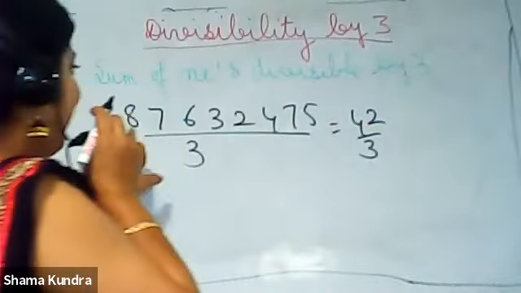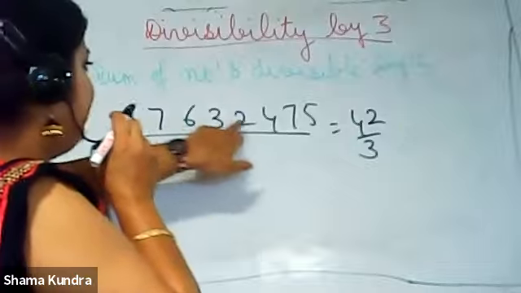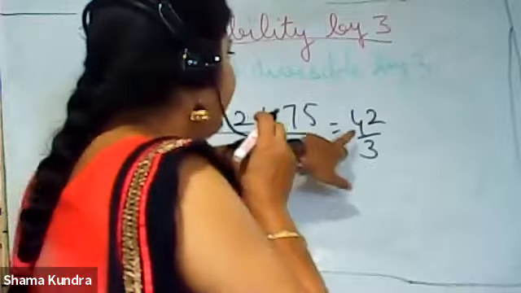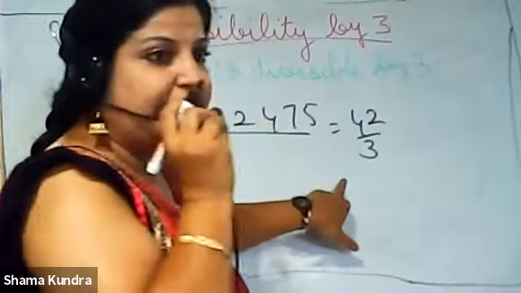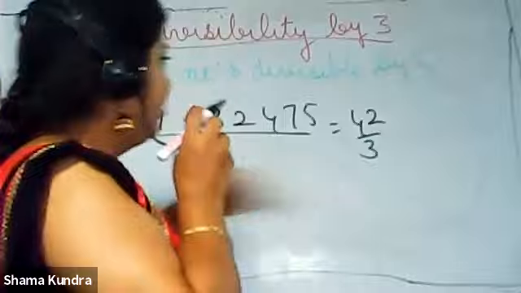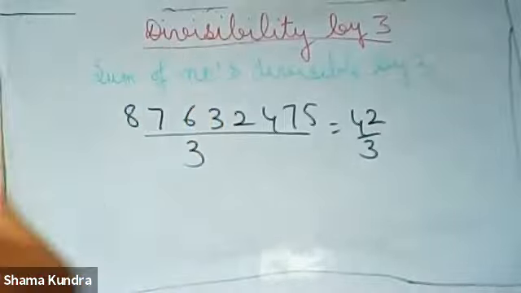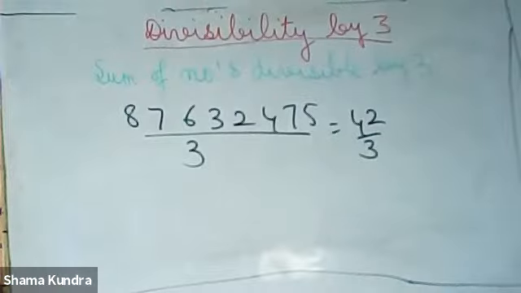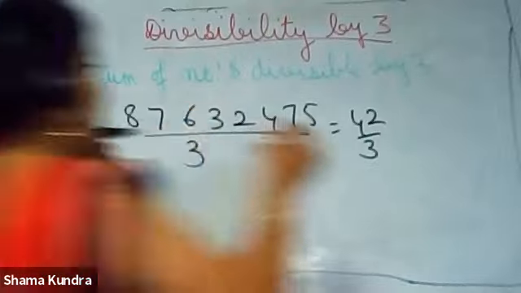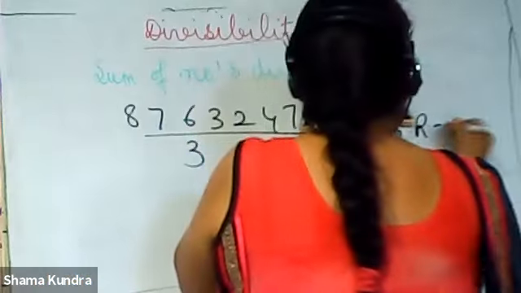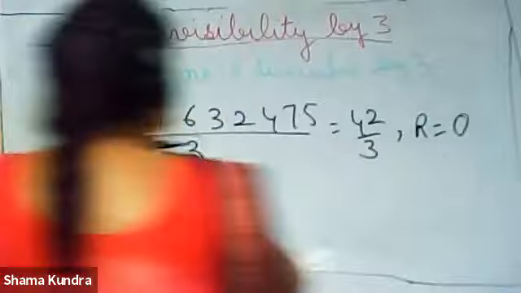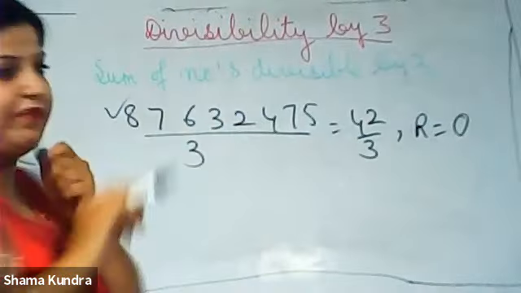I simply add 8 plus 7 plus 6 plus 3 plus 2 plus 4 plus 7 plus 5. It comes out to be 42. When I divide 42 by 3, I get remainder 0, as 14 into 3 is 42. So the given number is divisible by 3.